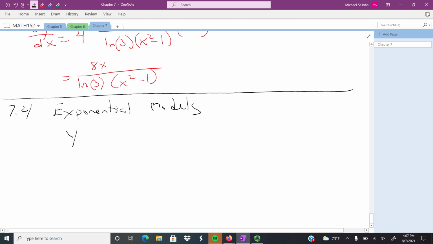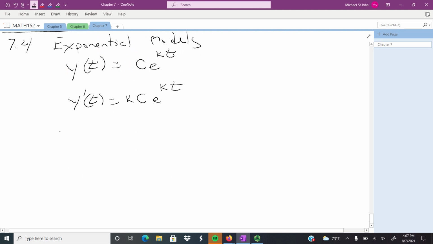So you think about exponential growth, y sub t equals ce to the kt. And so my derivative is going to be k ce to the kt. Okay.